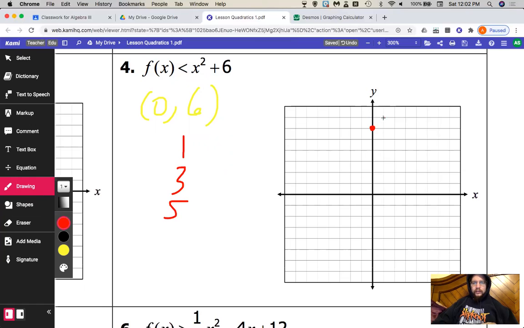Okay, so I can do this, but I can't do anything else, so that's all I'm going to have here. So let me graph this, I guess. Okay, now it needs to be dotted, so I'm going to go back and make it dotted.